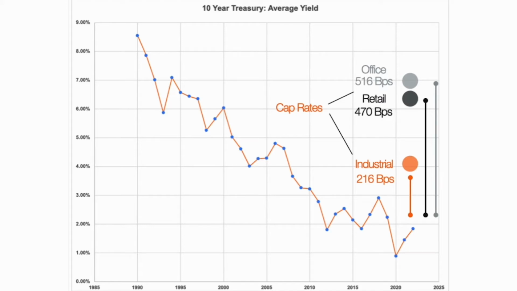And what we tend to do is mark up that 10-year treasury with a risk premium to account for the cap rate that someone may pay in today's market to acquire a piece of commercial real estate.